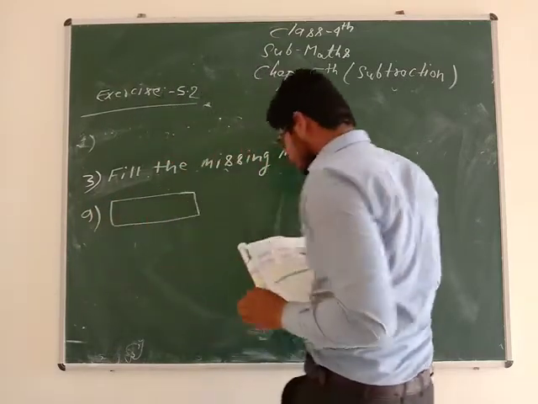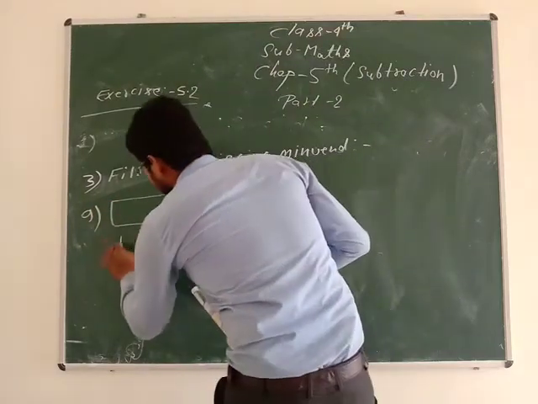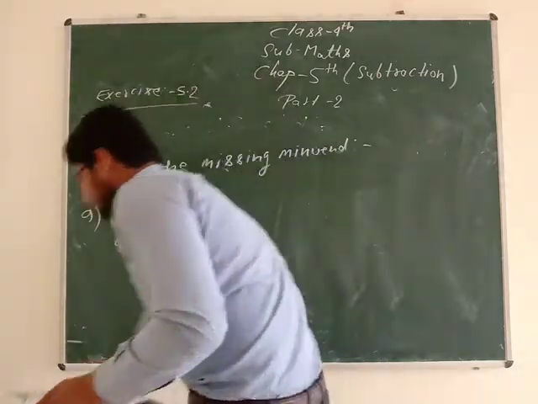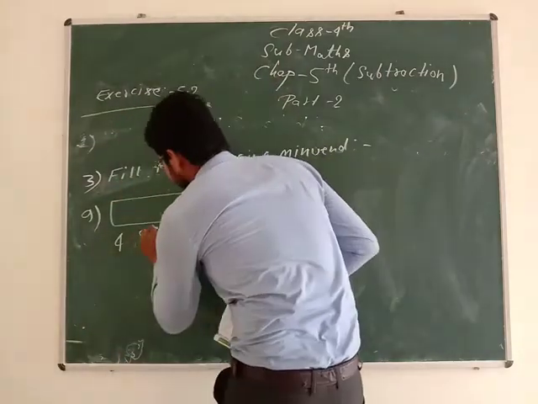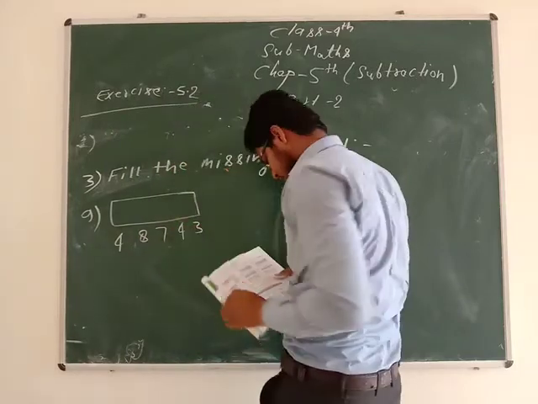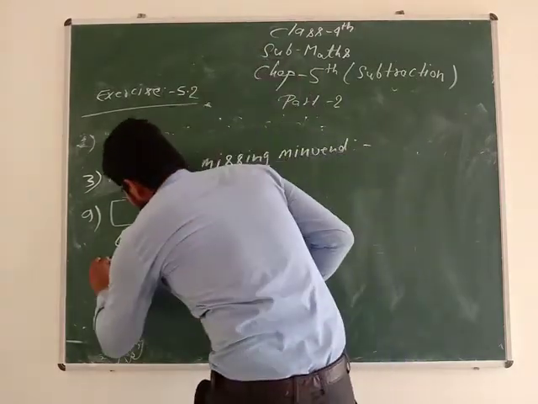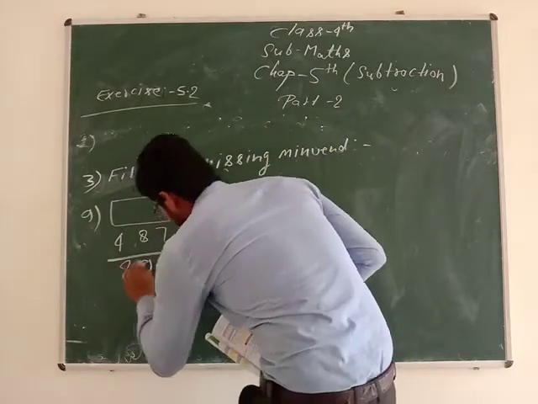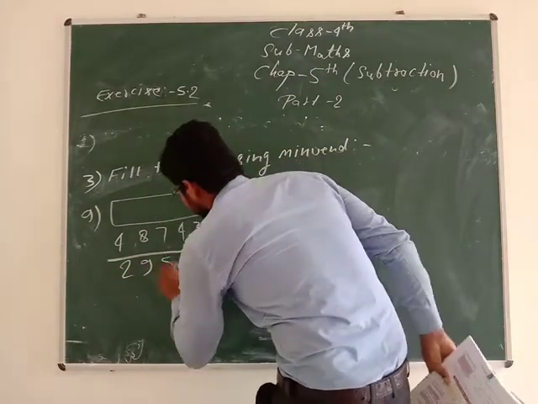There is given a box for the monument and 4,8,7,4,3. And there is given an answer, 29,568.